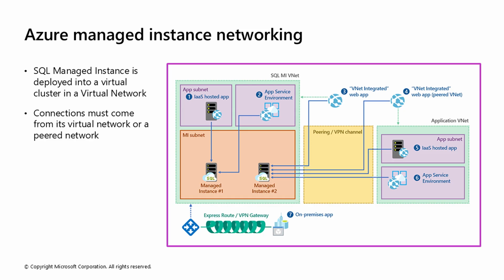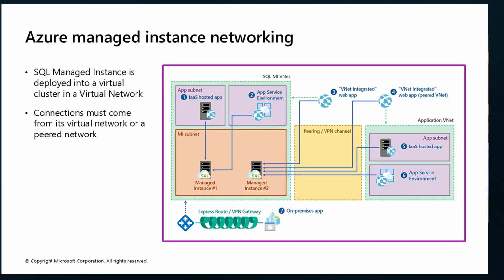Applications within the same VNet, like an IaaS-hosted app or app service environment, can directly connect to SQL managed instances. For applications in a separate VNet, connectivity is established via VNet peering or a VPN channel, shown in the yellow section labeled Peering VPN.